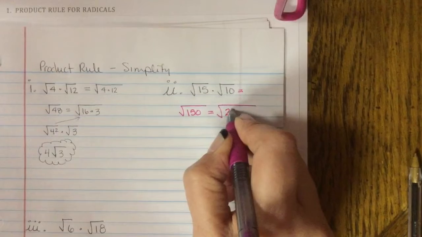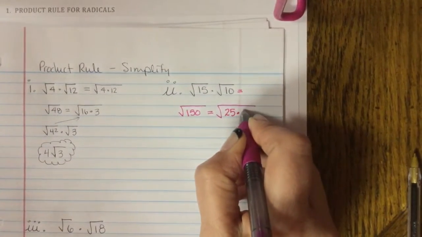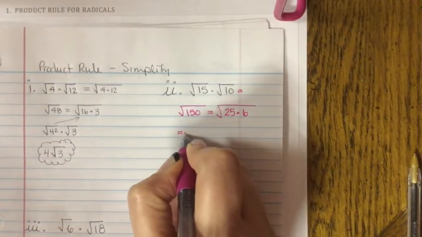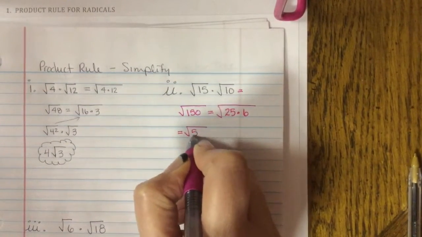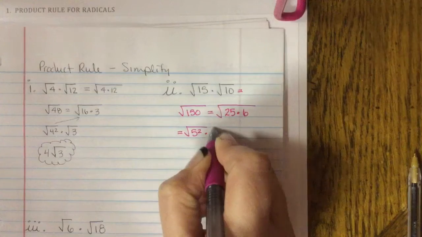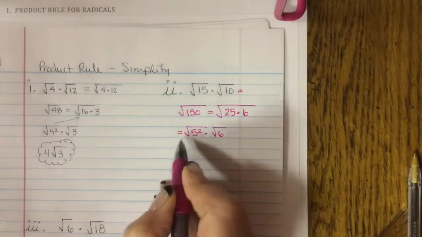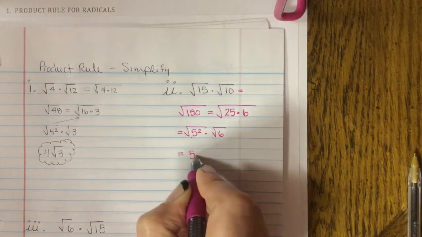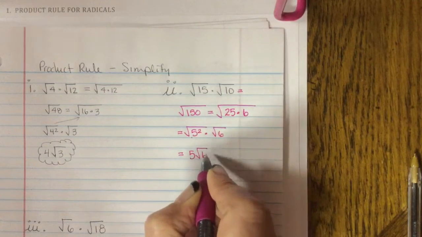So that's the same thing as the square root of 25 times 6. The square root of 25 is the same thing as 5 squared times the square root of 6, but the square root of 5 squared is 5, so the answer is 5 root 6.